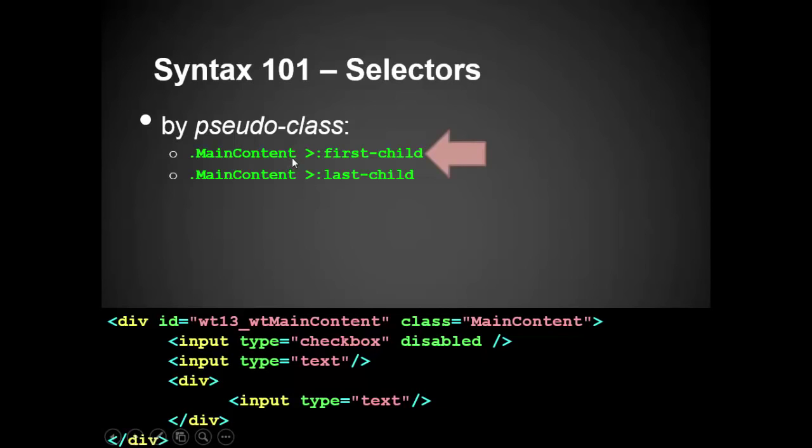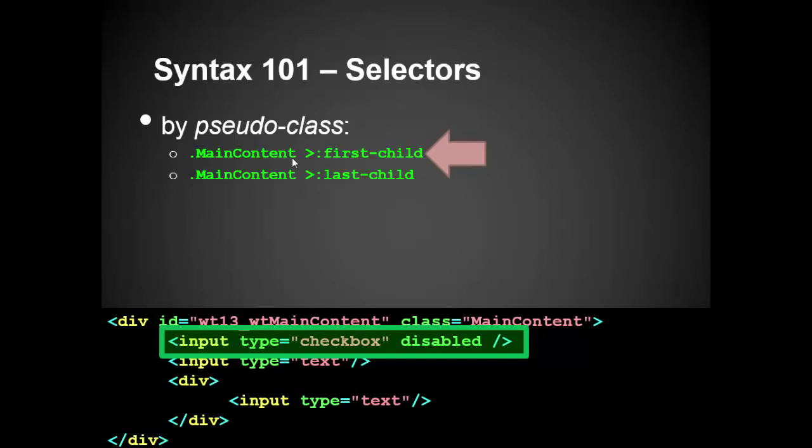So in the example below, what are we going to select? We are going to select the input type checkbox. Why? Because it's the first direct child of the element main content.